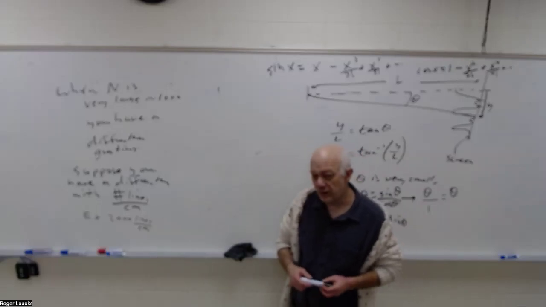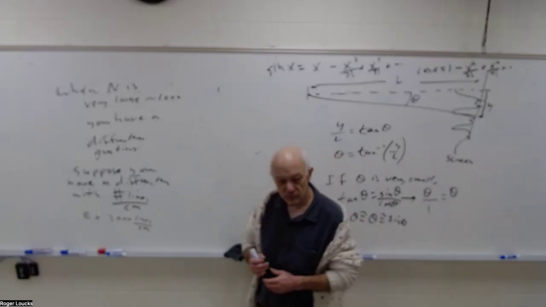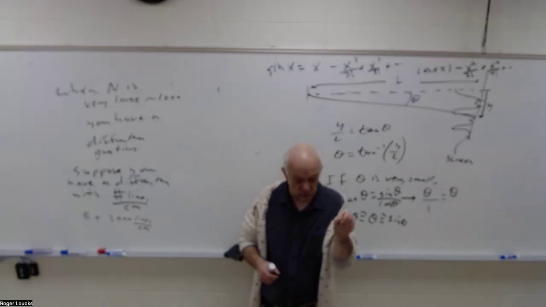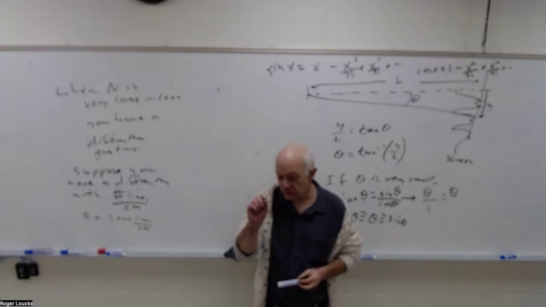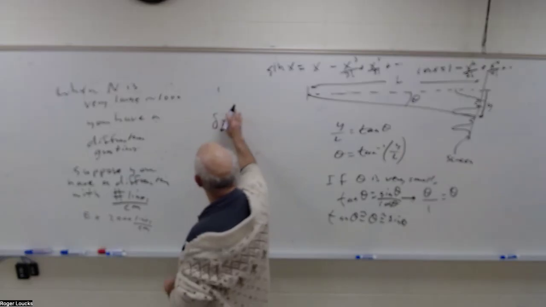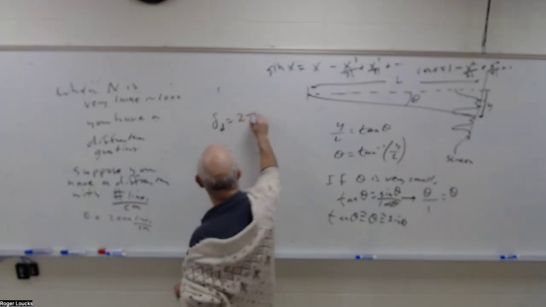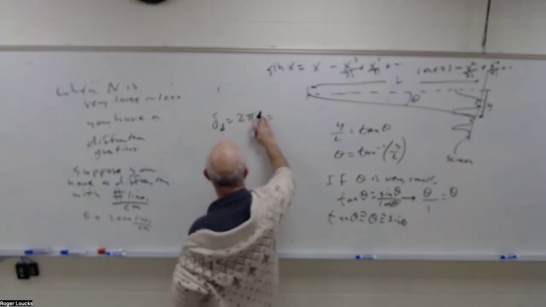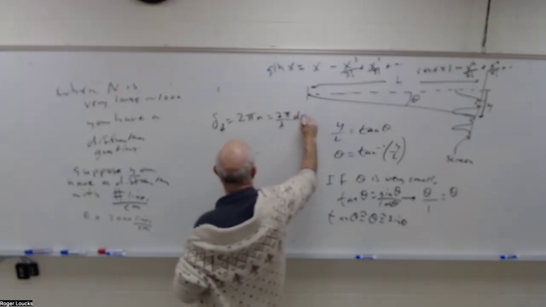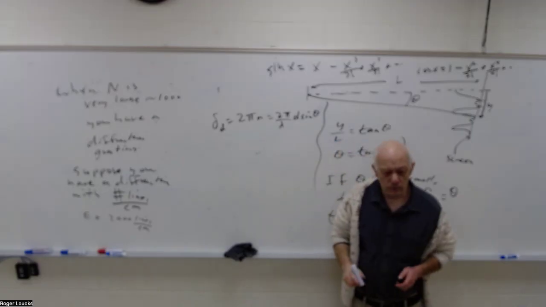So if I give you a diffraction grating with 2,000 lines per centimeter, what does it mean? If you measured a centimeter on there, how many lines would you have? 2,000. So what would be the d for that? We can only deal with the maxima in diffraction gratings, so it says 2 pi n over lambda. What do you put for d?